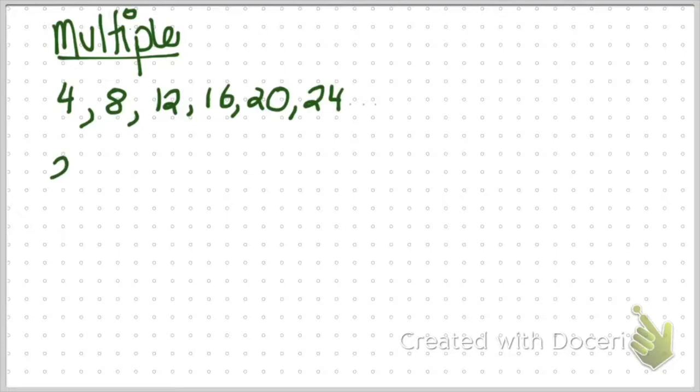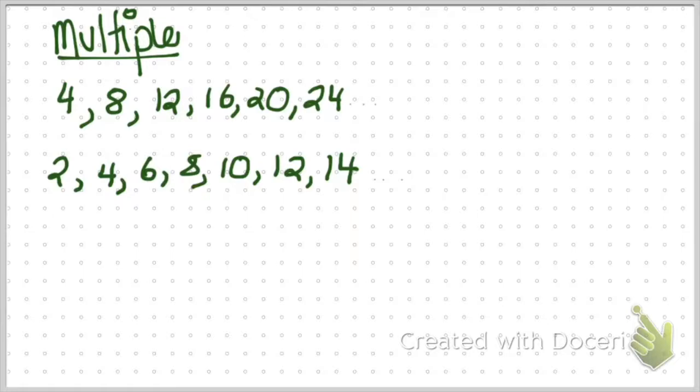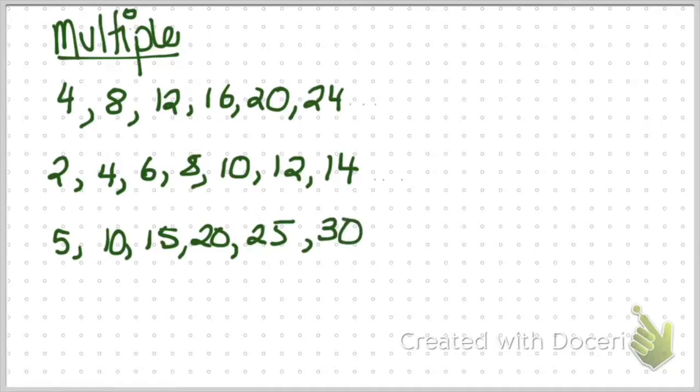The multiples of 2 would be 2, 4, 6, 8, 10, 12, 14, and so on. Another number that we know the multiples of by heart is 5: 10, 15, 20, 25, and 30. These are multiples of 5.